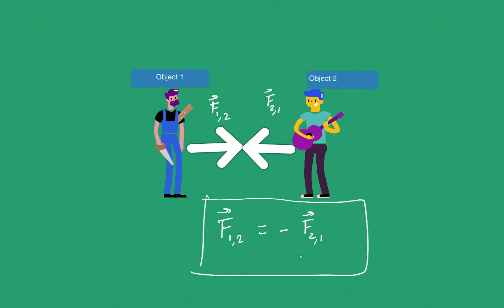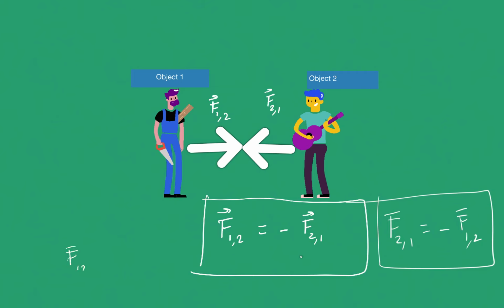Of course, this equation you can read it like this: the force acting on 2 due to 1 is minus the force acting on 1 due to 2. This equation and this other equation are the same. So finally, what it says is that F12 plus F21 is equal to the vector 0.